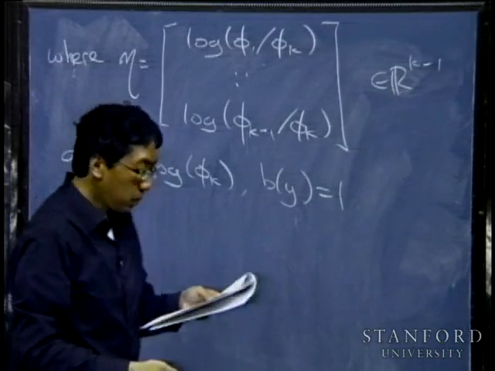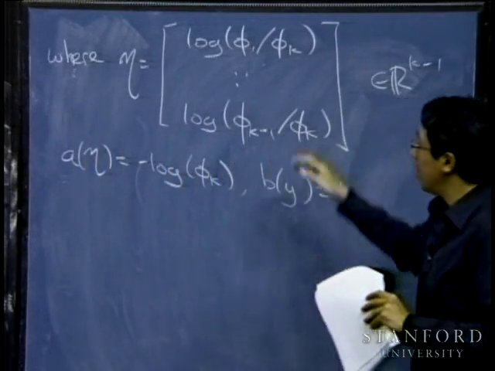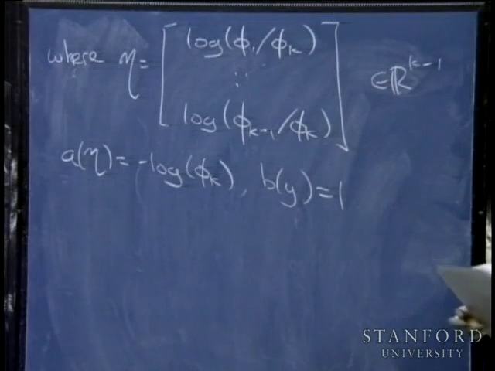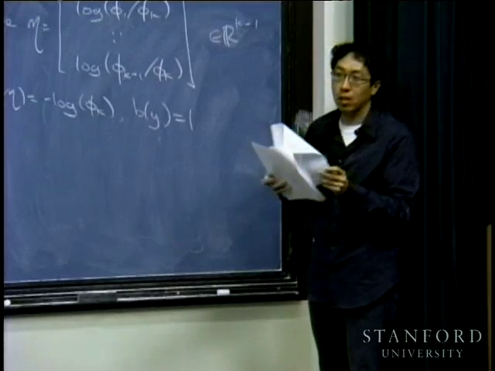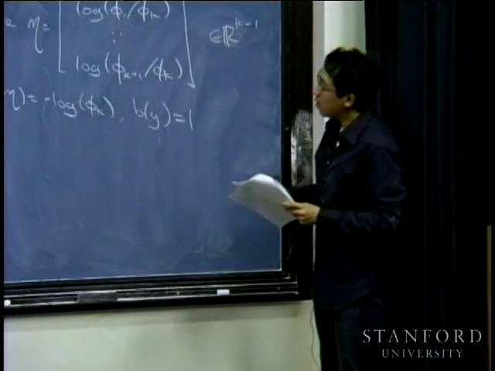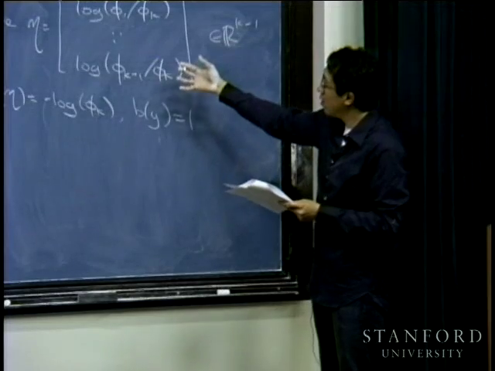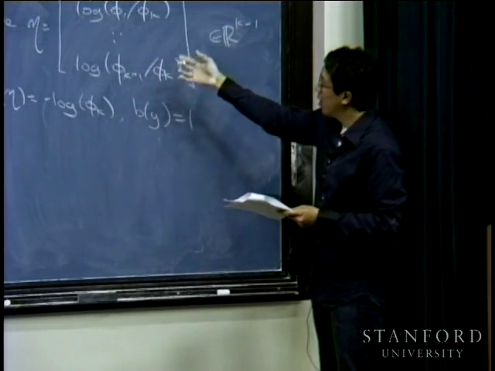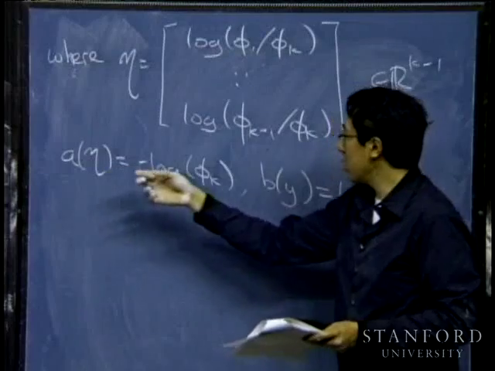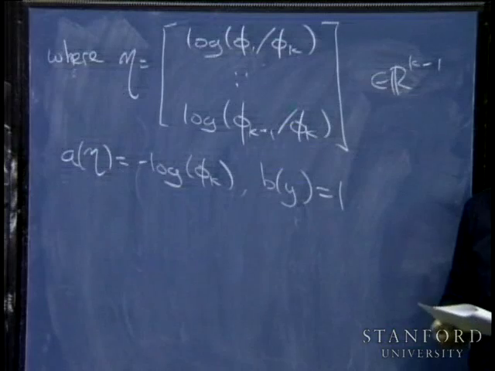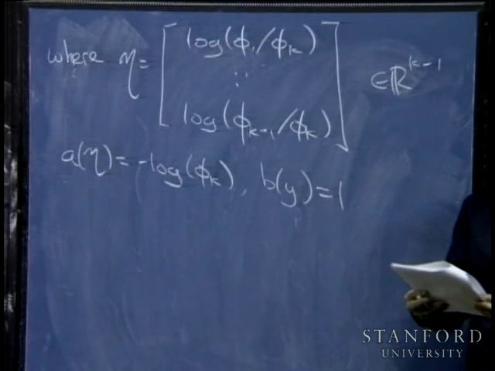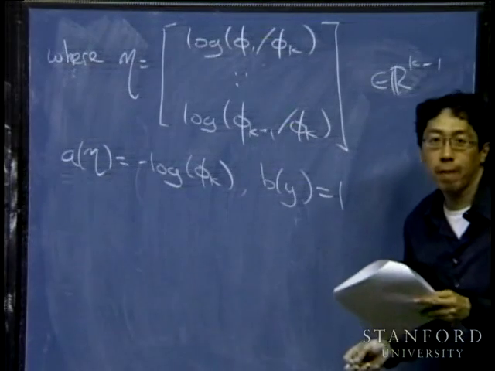Deriving this is a few steps of algebra that you can work out yourself, but I won't do here. And so, using my definition for t(y) and by choosing eta, a, and b this way, I can take my distribution for a multinomial and write it out in the form of an exponential family distribution.